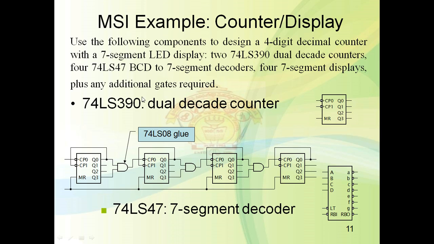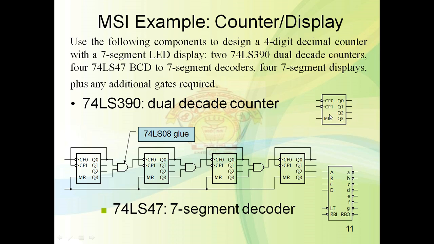For that we have to use the 74LS390 dual decade counter. This dual decade counter has two parts: one is a single bit counter and another is a divide-by-5 3-bit counter. The single bit counter toggles, and it has Q0 as the output.